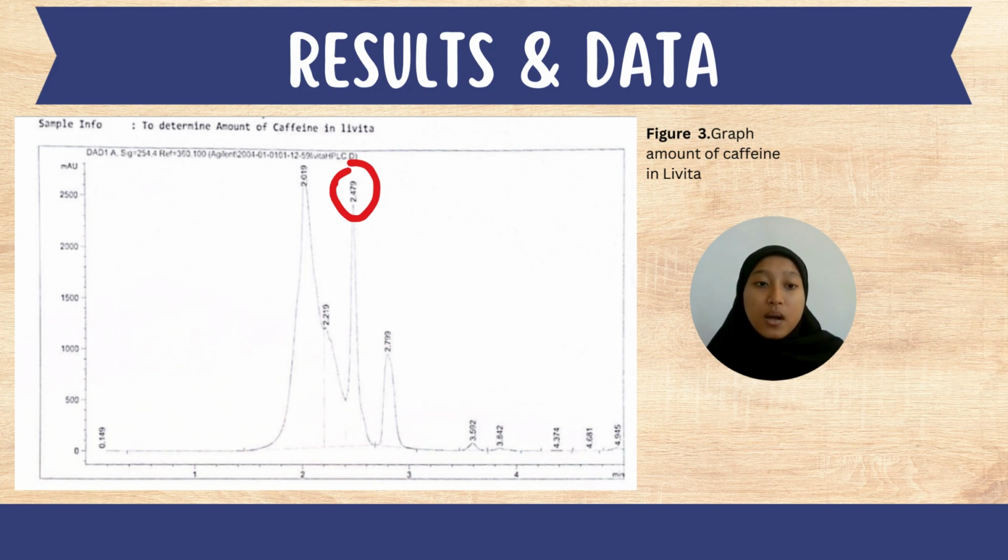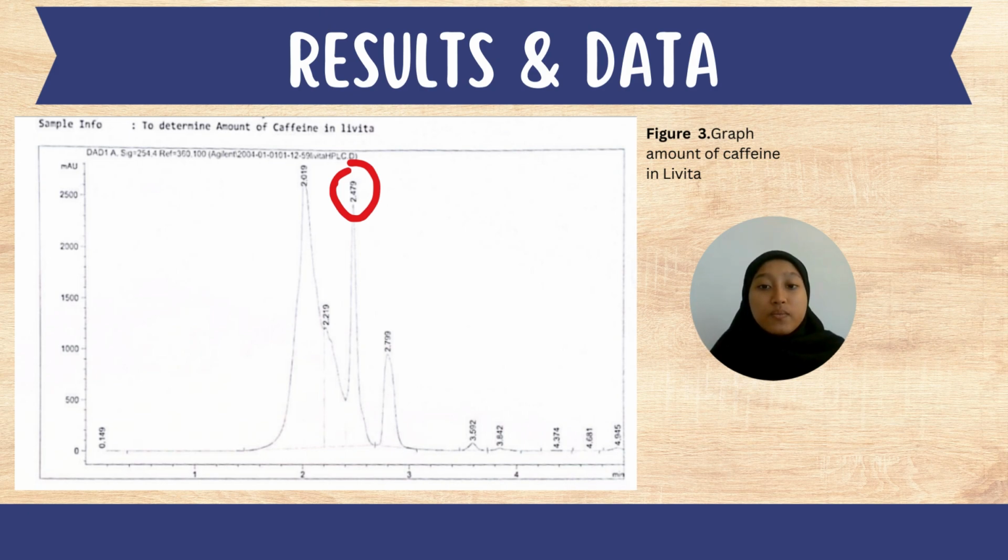We have the highest peak here, which is 2.019, and also the second highest, which is 2.479. Which one between these two values is the peak of the caffeine? The peak that represents the caffeine in this sample is the second highest peak, which is 2.479 minutes.